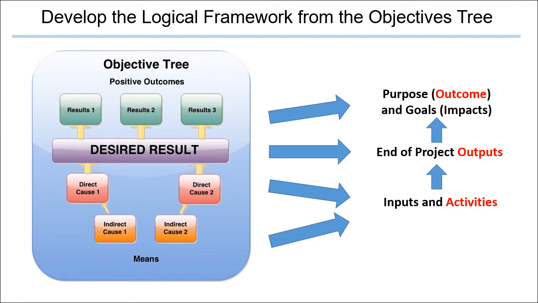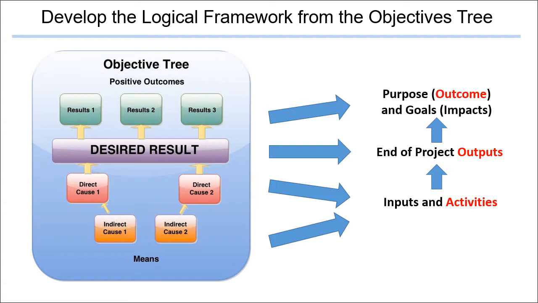So going from the objectives tree to the logical framework is a simple process where the means in the objective tree are basically what becomes the inputs and activities that lead to the end of project outputs, which are the same as the desired result of the objectives tree.